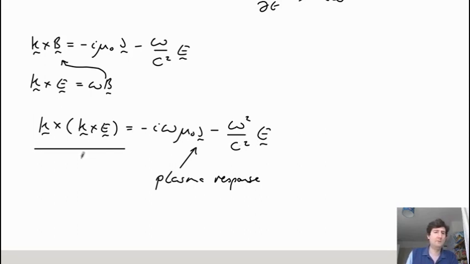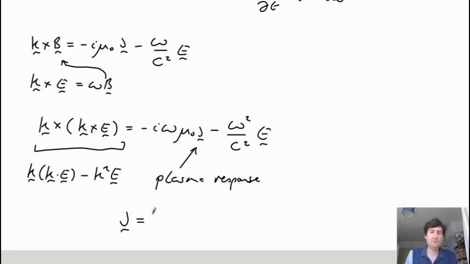This part here we can rewrite, and there are several ways of writing this, but one is essentially to linearize the plasma equations. And so we write that the current in the plasma is some linear relationship with the electric field, and the most general relationship we can have is a tensor.